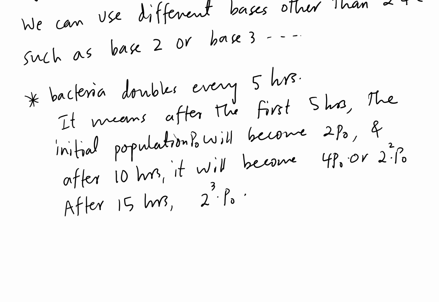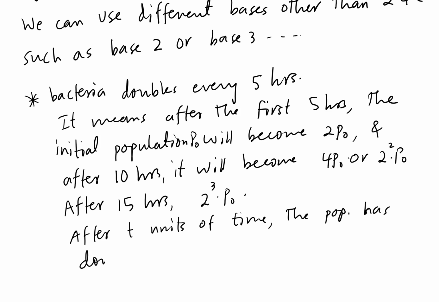So the general form, if it keeps going this way, after t units of time, the population has doubled t over capital T times, where t is the units of time.